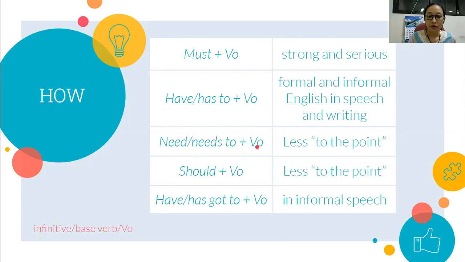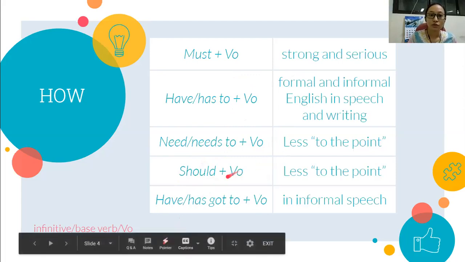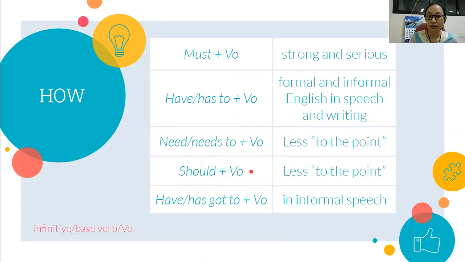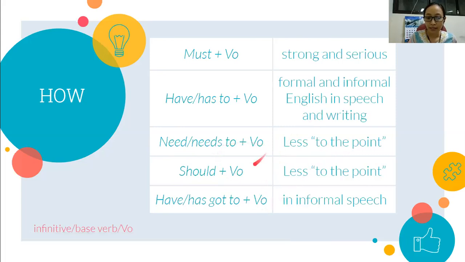But for need and also should, itu jadi lebih tidak to the point. You need to do that. You should do that. Tapi kalau must, you must do that. Langsung to the point, harus, wajib. Atau you have to do that. Itu juga langsung to the point. Tapi kalau yang need and should, itu less to the point.